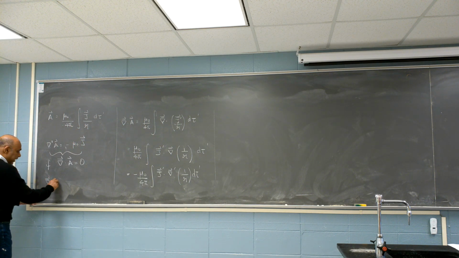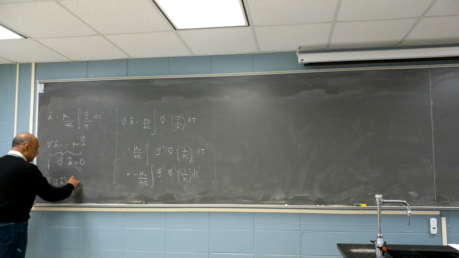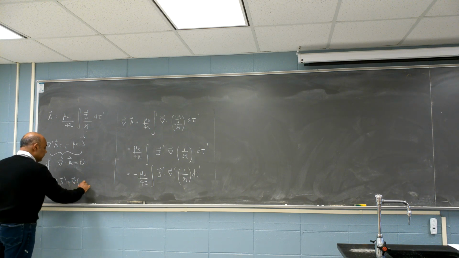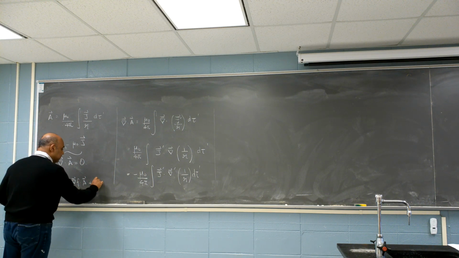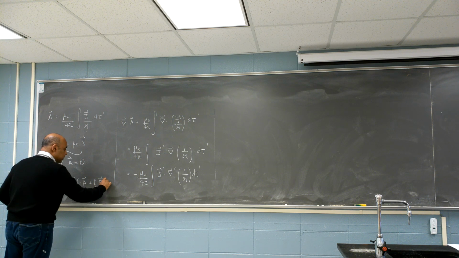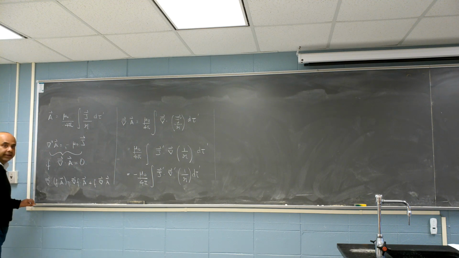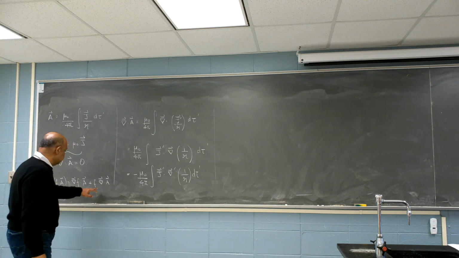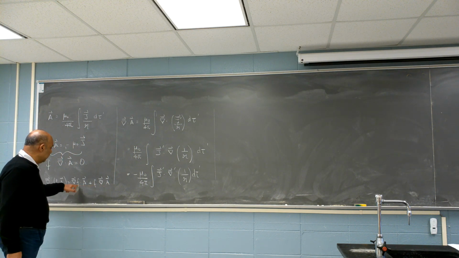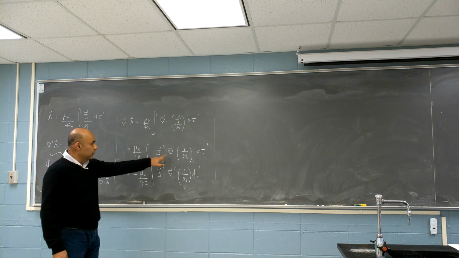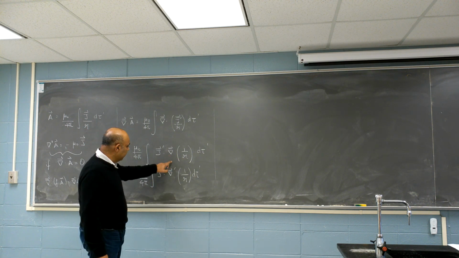The divergence of a function times a vector is equal to the gradient of the function dotted with A plus f times the divergence of A. That's why this term is 0, so I only get the gradient. That's how I got the gradient. Then I replaced it with a negative.